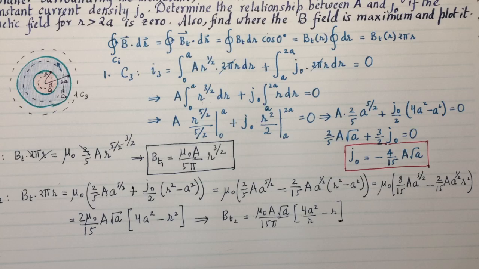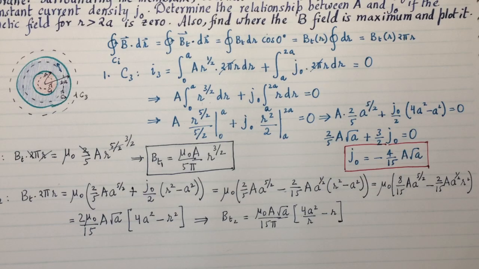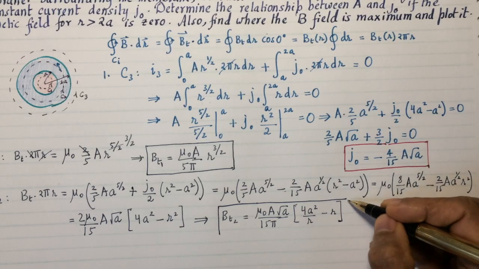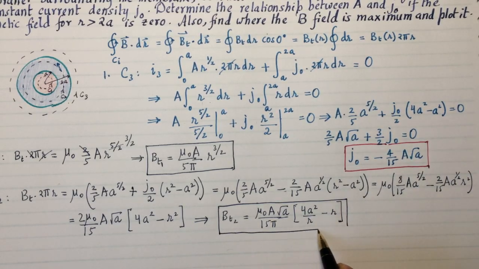Let's just verify, and I'm keeping my fingers crossed here, that at little r equals A, the two expressions must agree. Is that the case? You can't have weird behavior with Ampere's law. So let's make sure that is true.